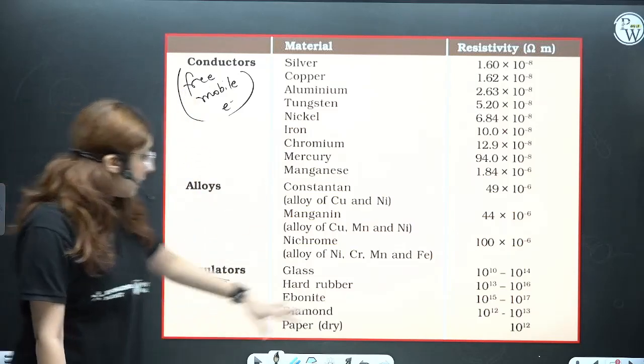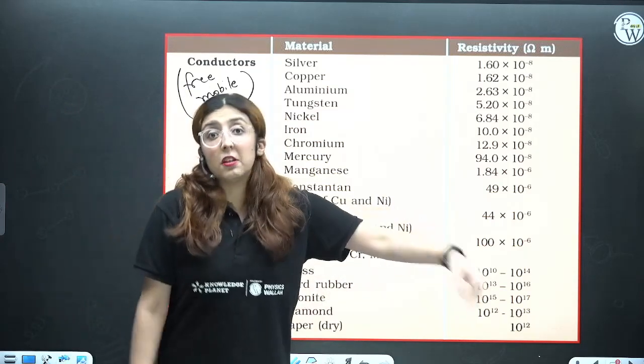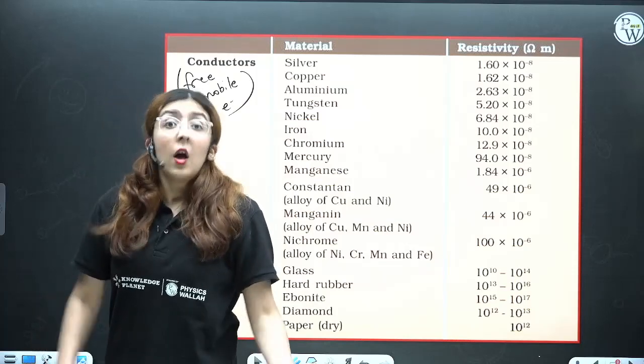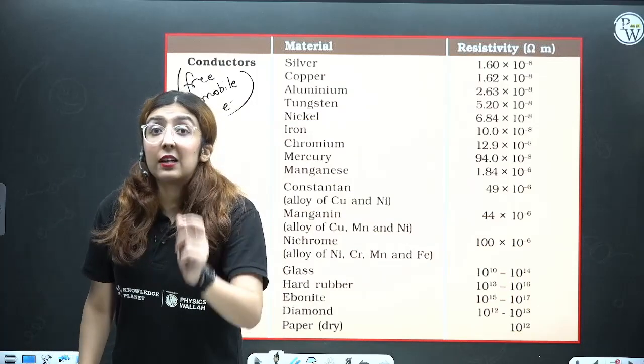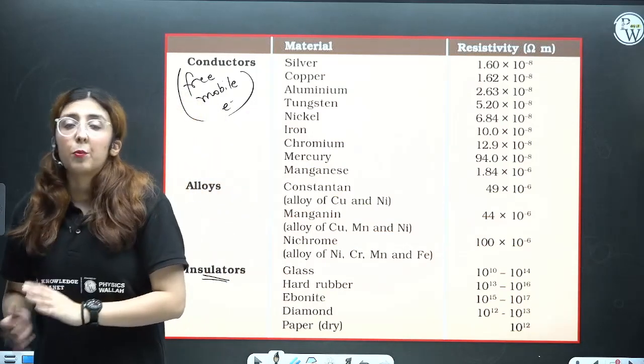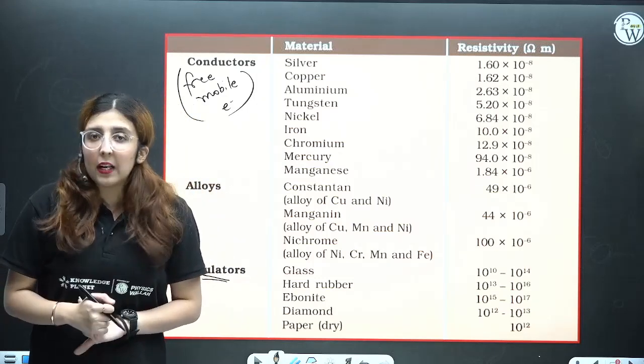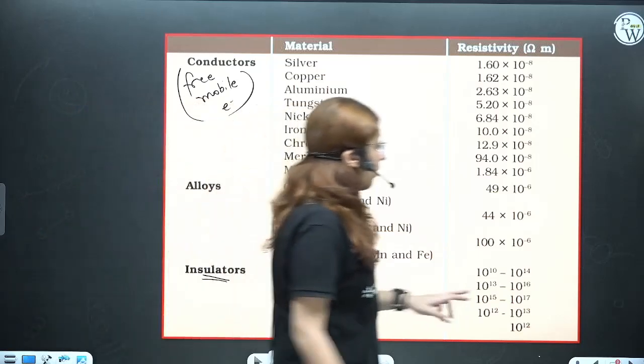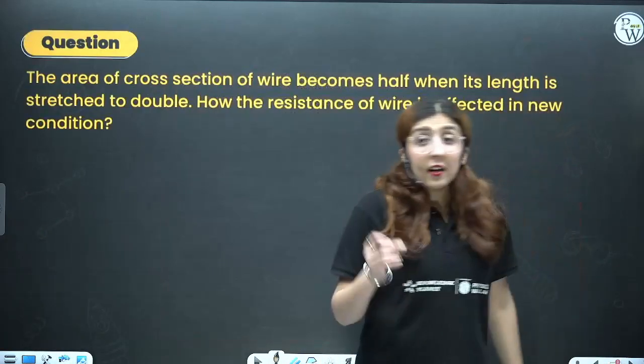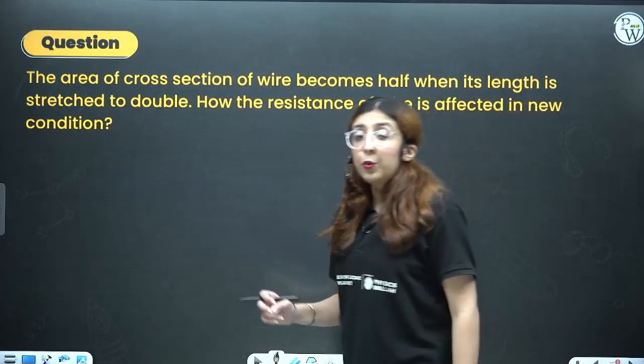In an insulator, see, glass 10 to the power 10. This much is the amount of resistivity offered, and resistivity is nothing but a material specific property. Okay, material specific. Am I clear with this? So when we talk about resistance and resistivity, certainly the difference is there. How come?